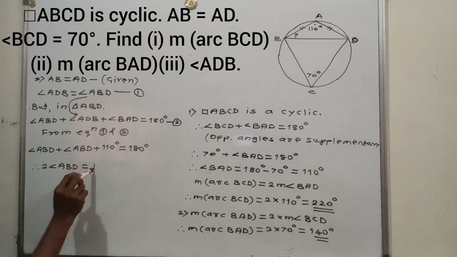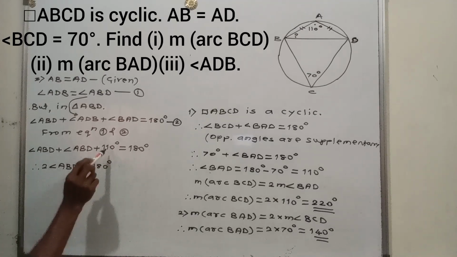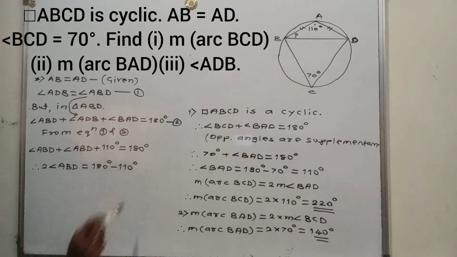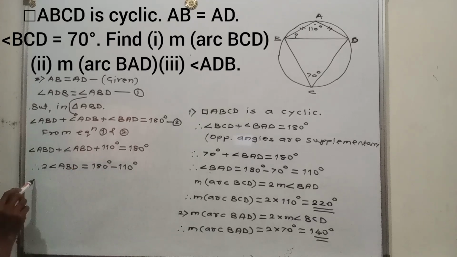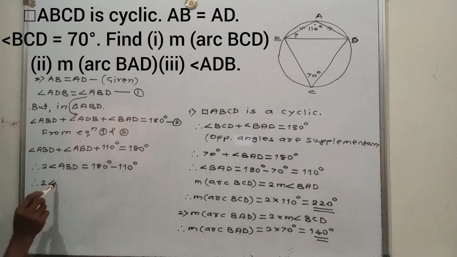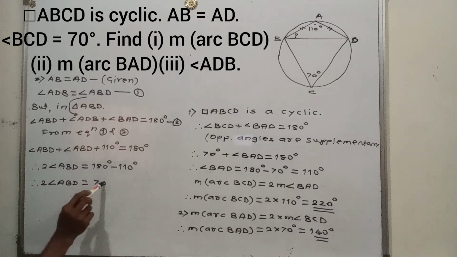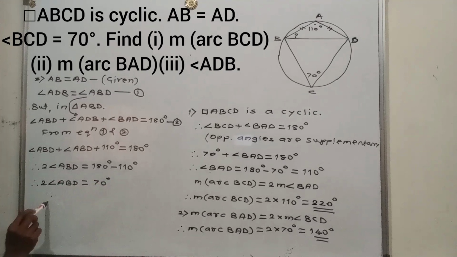Taking the smaller number to the right side, plus becomes minus: 2 angle ABD is equal to 70 degrees.